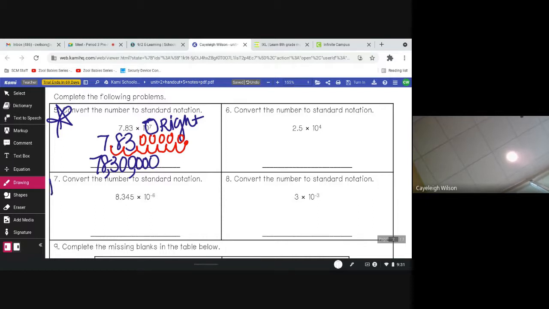Okay, I'm going to do number 7, and then I'll let you try the other 2. All right, so convert the number to standard notation, a big number or small number. And 8.345 times 10 to the negative 6. And if it's negative, I'm going to move the decimal to the left.